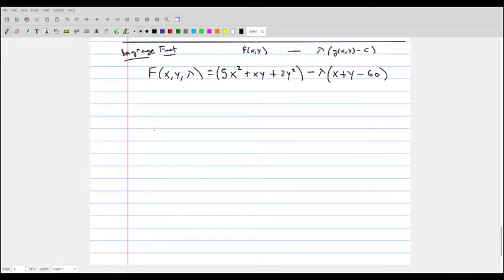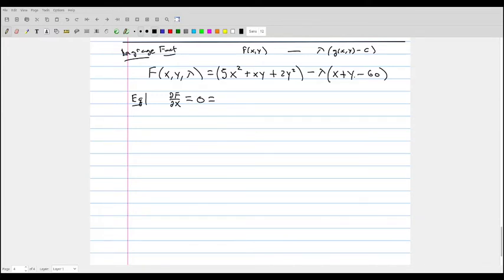So going through and applying our procedure, we have our 3 equations that have to be true at any critical point of F. The first is that the partial derivative of F with respect to x has to be equal to 0.